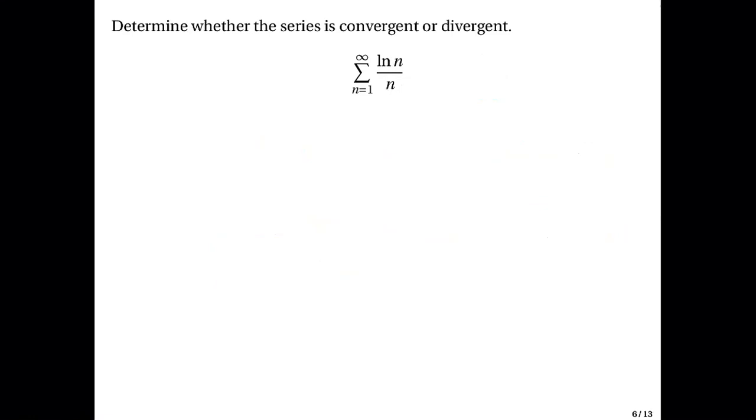But what you're going to do is, if this is your an, try to compare it with the harmonic series, 1 over n, with n from 1 up to infinity. The harmonic series is divergent.